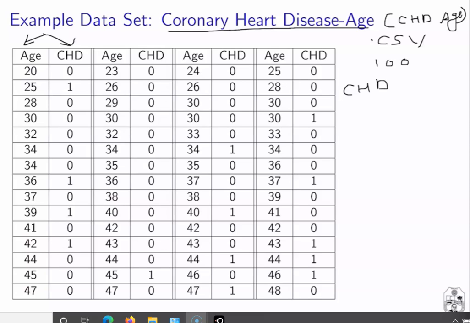If the CHD has the value 0, that person does not suffer from coronary heart disease, and if the value of the CHD is equal to 1, the person is suffering from coronary heart disease. For example, this one particular instance of a person who is 20 years old is not suffering from coronary heart disease.